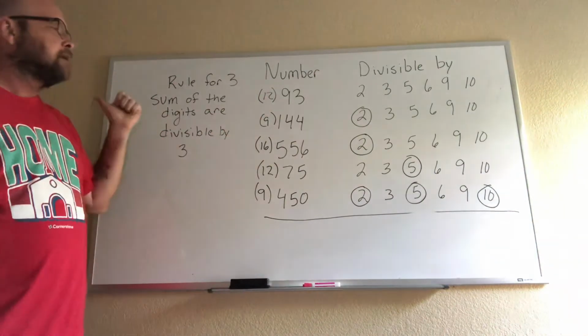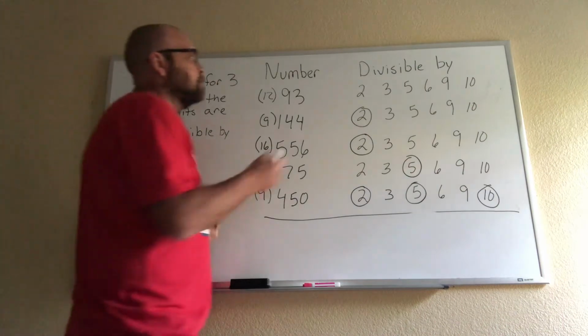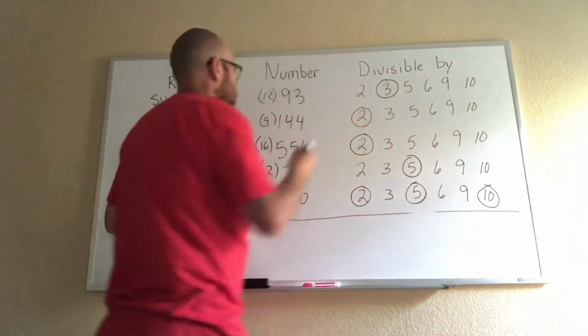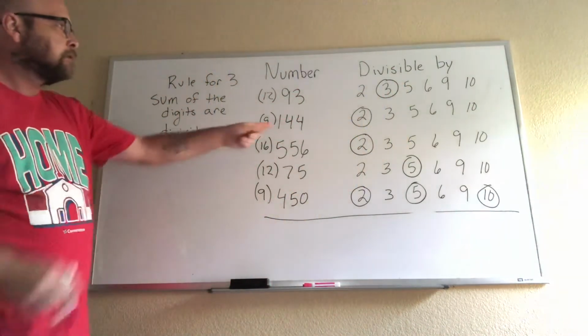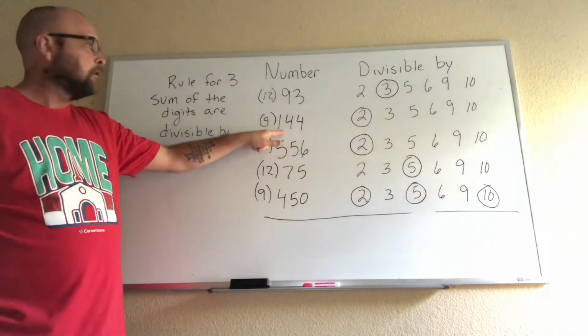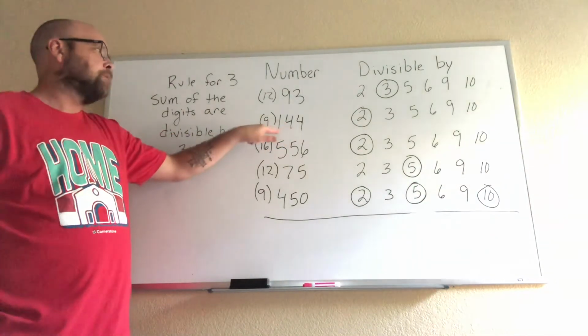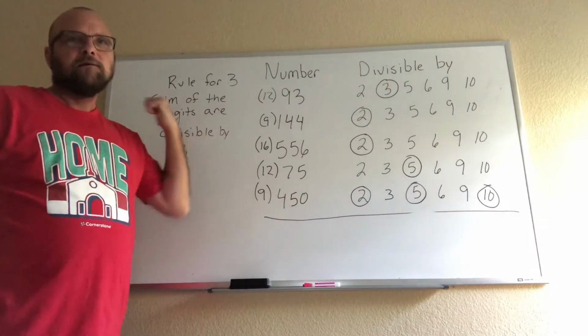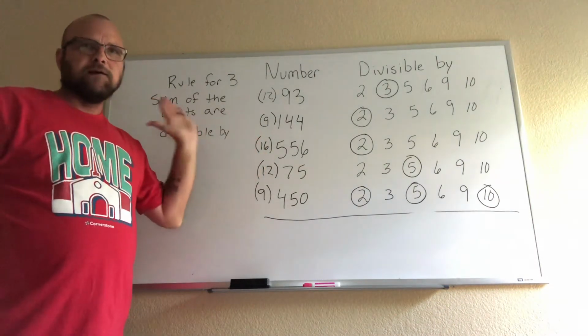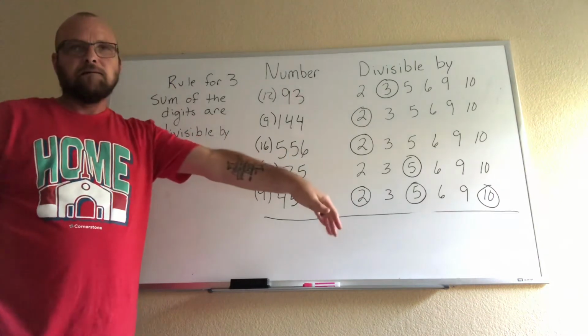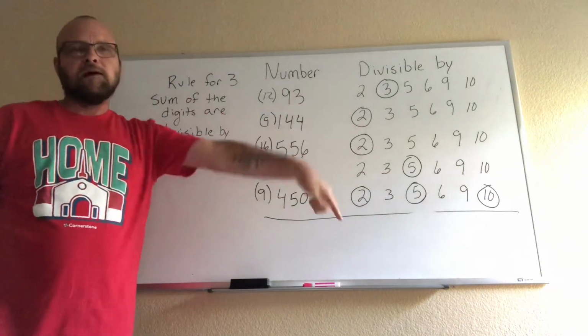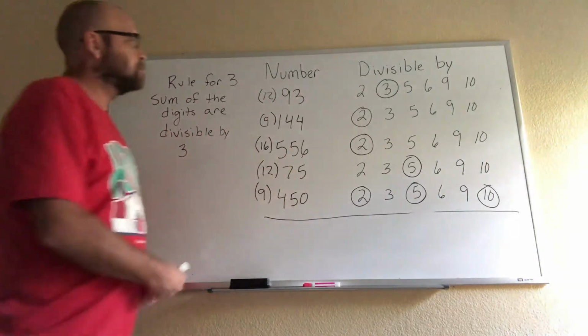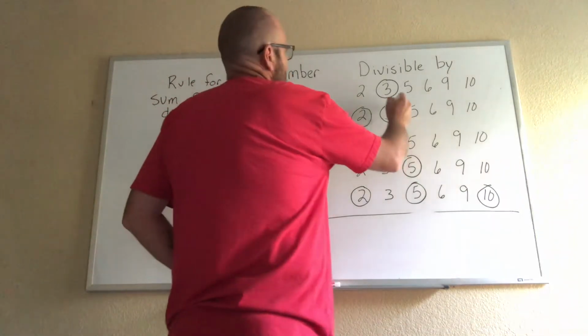So that means this number is divisible by 3. The number 144. 4 plus 4 is 8, plus 1 is 9. Does 3 go into 9 evenly? Yes, it does, because 3 times 3 is 9. So this one is divisible by 3.